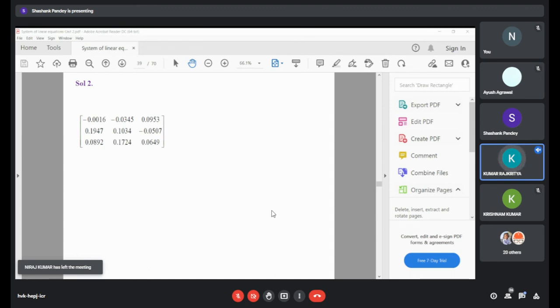Can we do that method in the exam? Only the way the equations are represented may differ from book to book, but you will get the same answer. You may follow any of the methods.